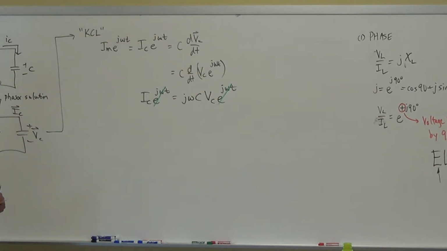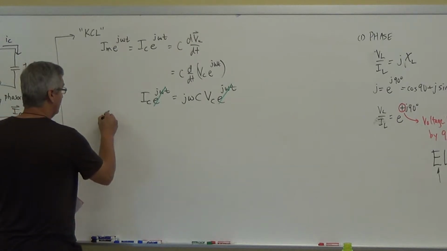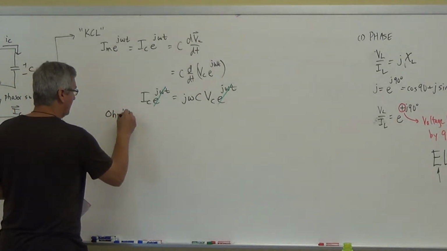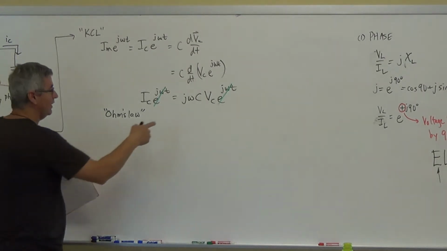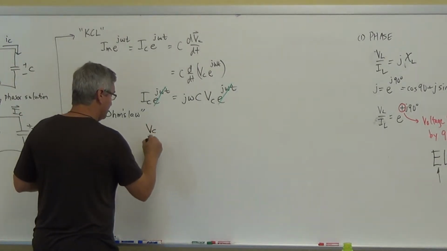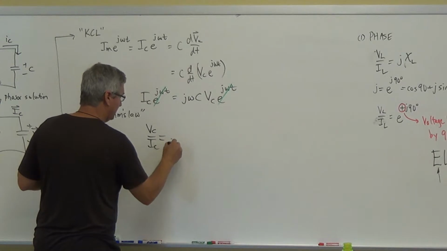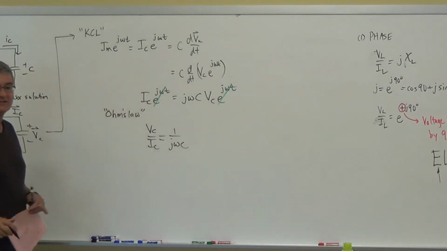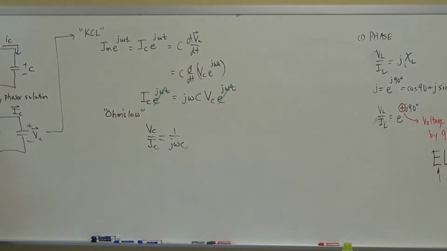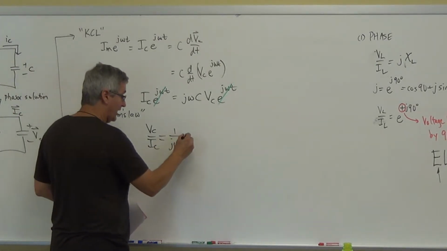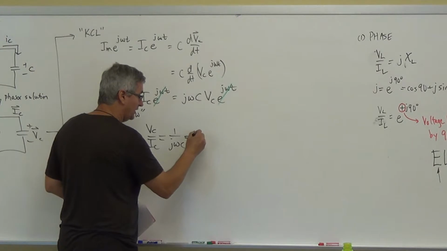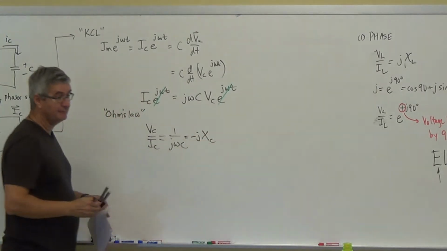So if I do that, what do I want? I want Ohm's law form. If I do Ohm's law, it should be what? V_C over I_C equals 1 over jωC. So you can see it's now in the denominator. So now what do I got to do? I'm going to define this as minus jX_C.